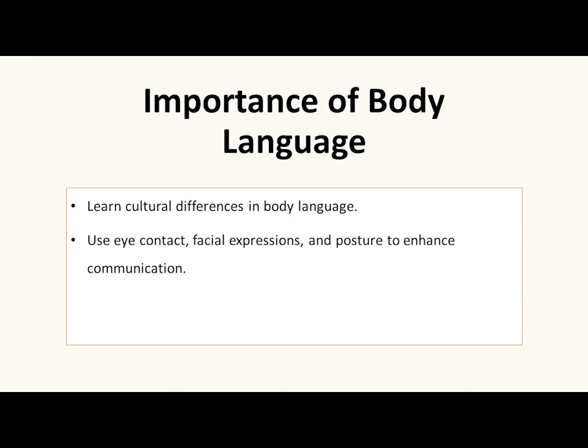Maintain eye contact to convey attentiveness and interest in the conversation. Use facial expressions to express emotions and convey the tone of your message. Pay attention to posture. Standing or sitting up straight can project confidence and openness. I was talking about Dr. Jordan B. Peterson.